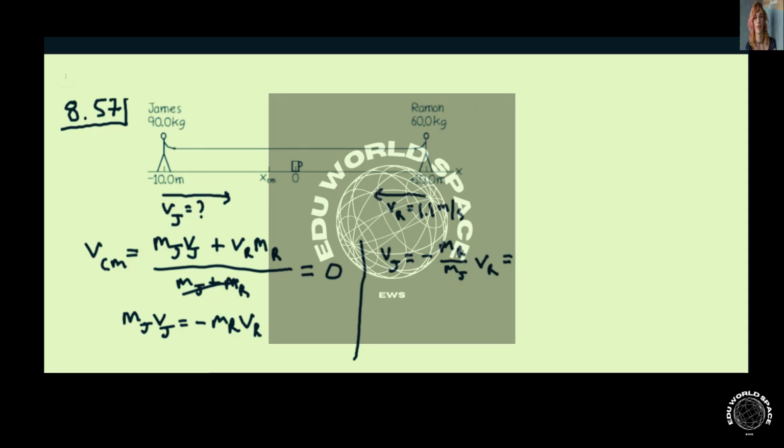So let's say that this is negative. We only really want the speed, so the actual direction, as a matter of sign convention, is not super important here. Well, let's say v_R here is negative. So that gives us that James's speed is going to be positive 0.47 meters per second.